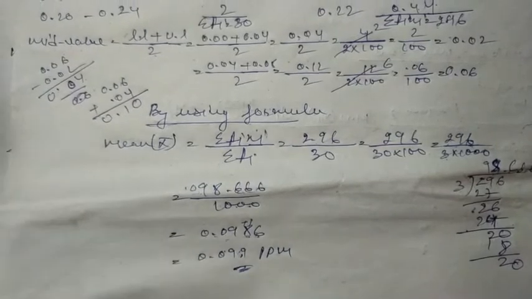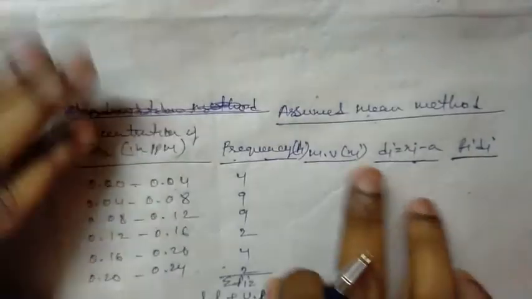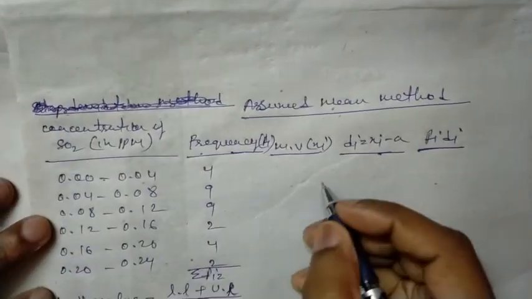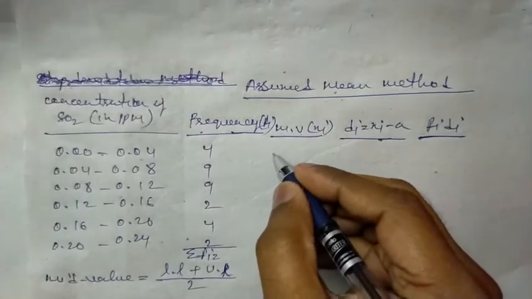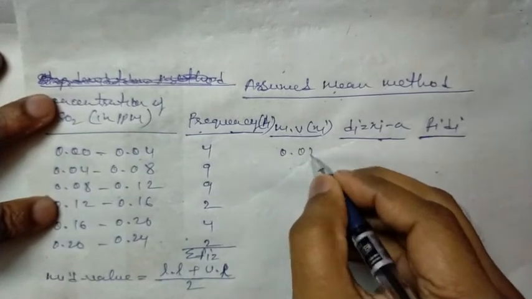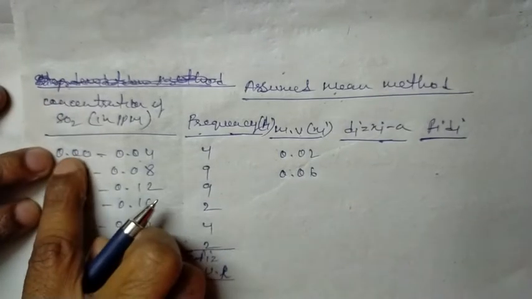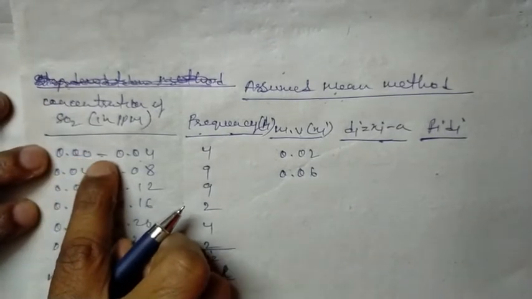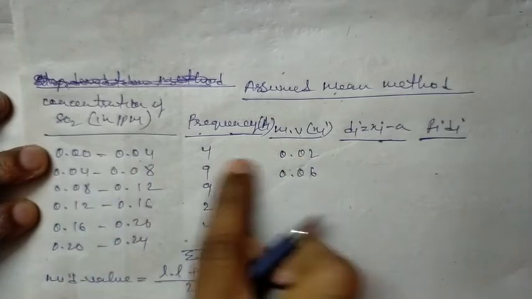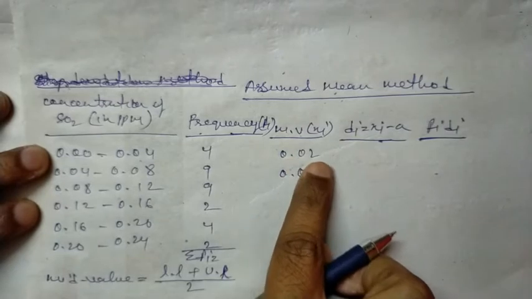Now let's do the next question, the same question using the assumed mean method. See here, the mid values will be the same: 0.02, 0.06, and so on. 0.04 plus 0.04, after adding, divided by 2, we get 0.02.